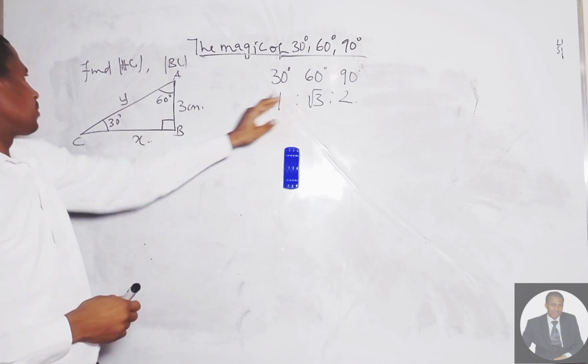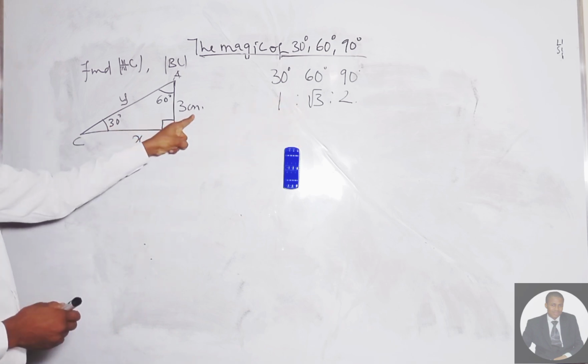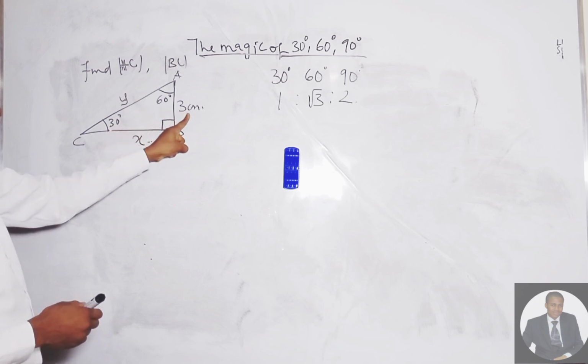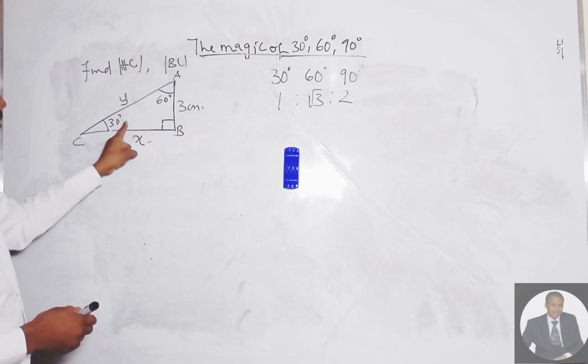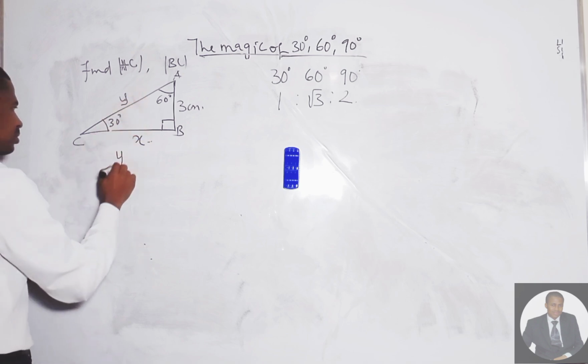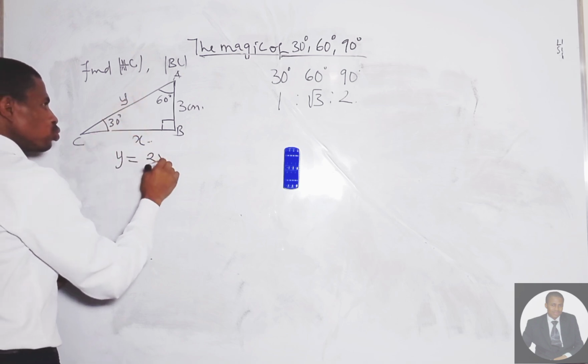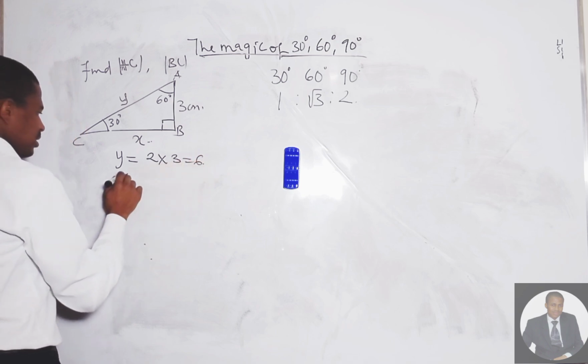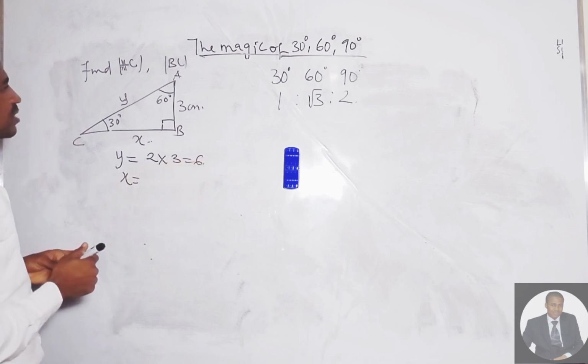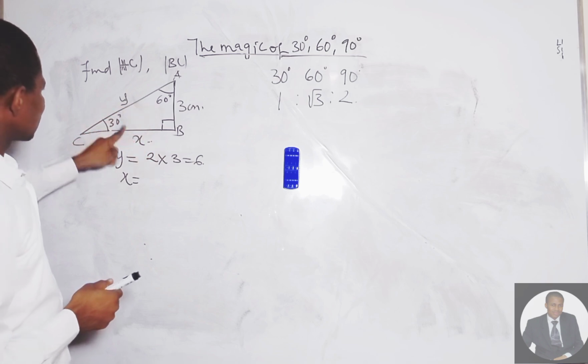Using this formula, the side facing 30 is 3. So to get our 90, we multiply whatever 30 is having by 2. So Y will give us 2 times 3, which is 6. Now x, the side facing 60.